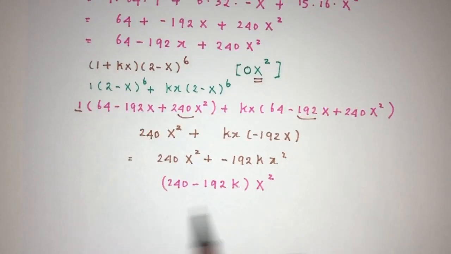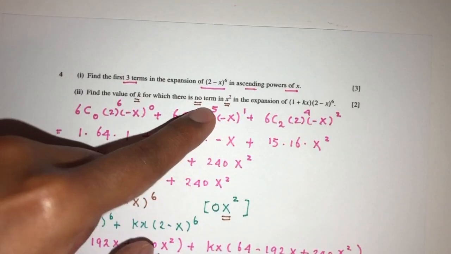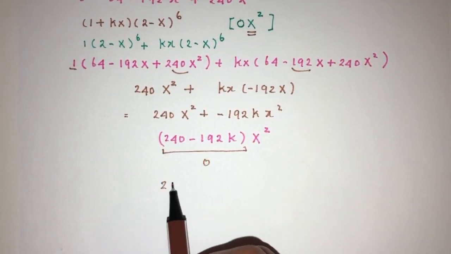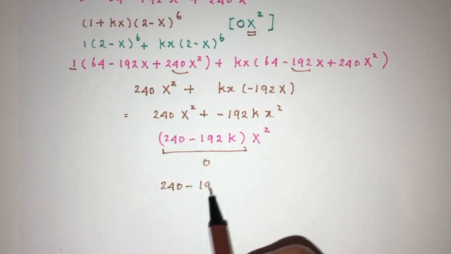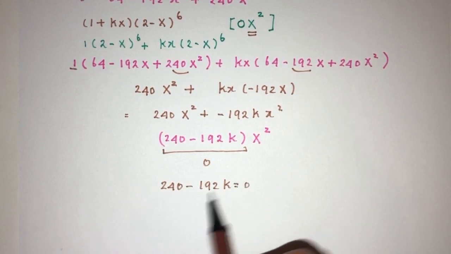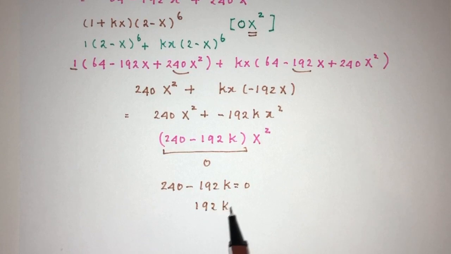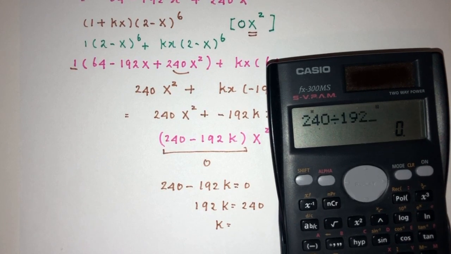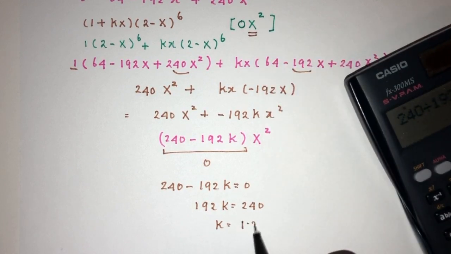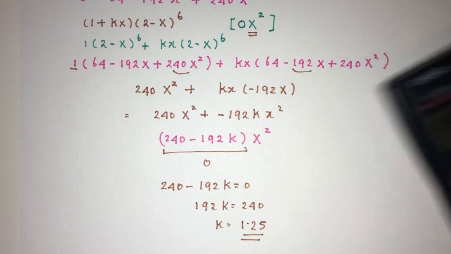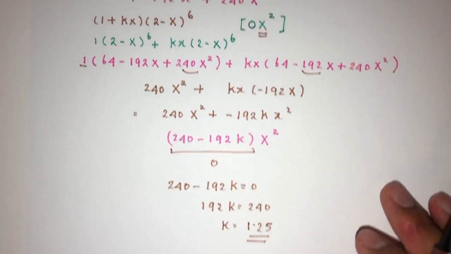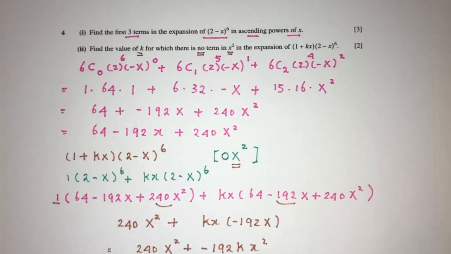And we know this is a term in x squared, and here we have no term in x squared, which means this has to be 0. So let's equate that to 0 and see what happens. That'll be 192k has to be 240. So k will be 240 divided by 192. That should be 1.25 for your value of k. Okay, and that will be the answer to finding k for this binomial expansion.